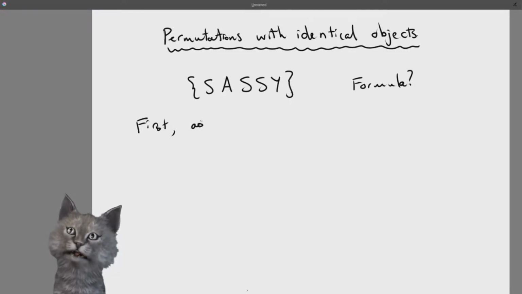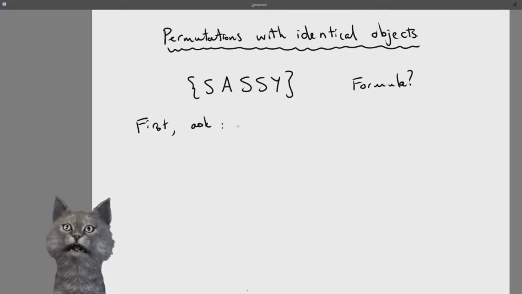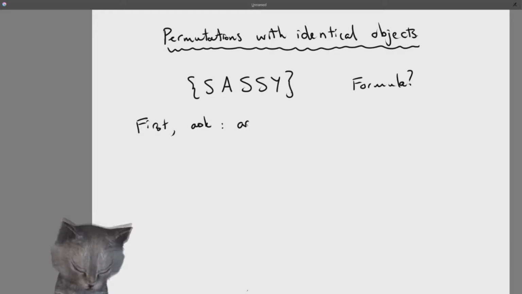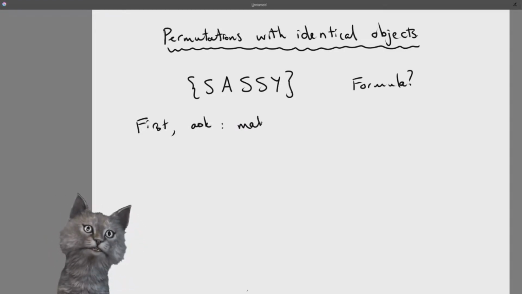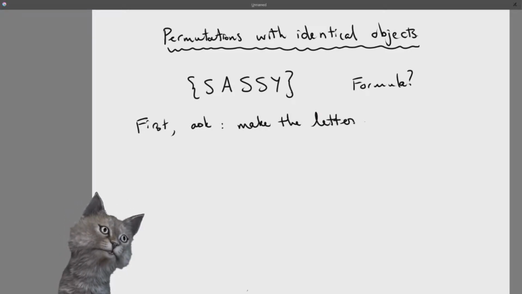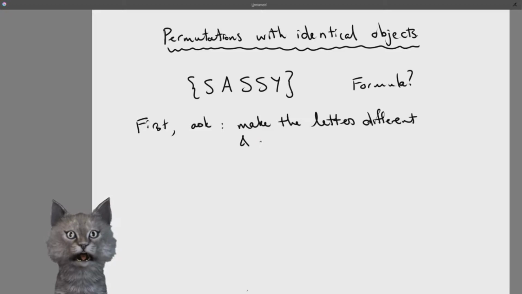First, we're going to ask, let's make them different. Make the letters different. Whoa, that was supposed to be a D. Make the letters different, and then let's arrange them.